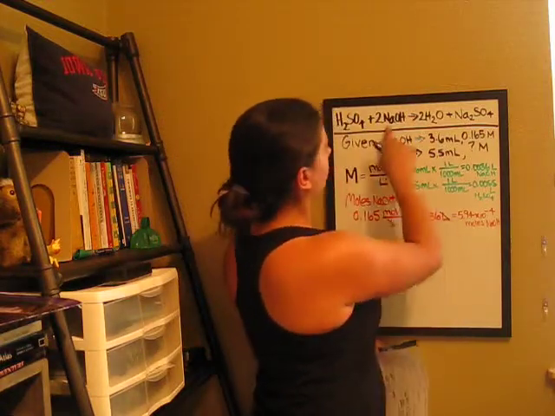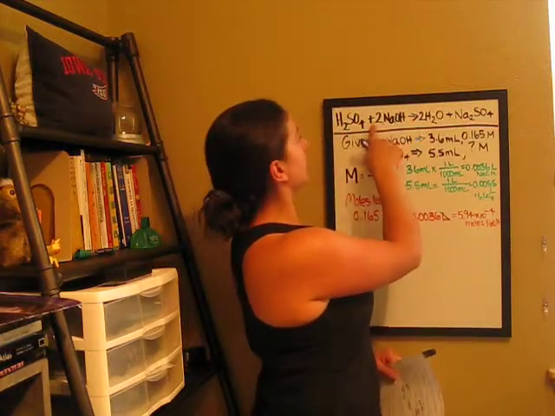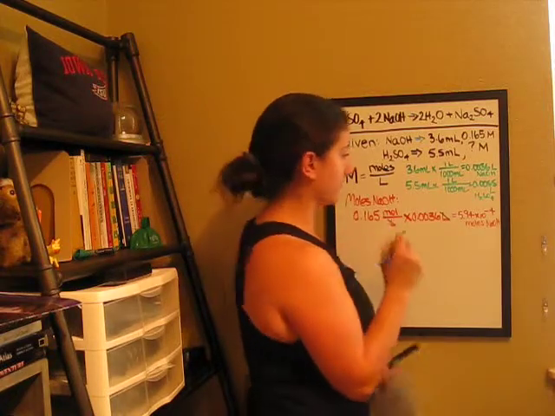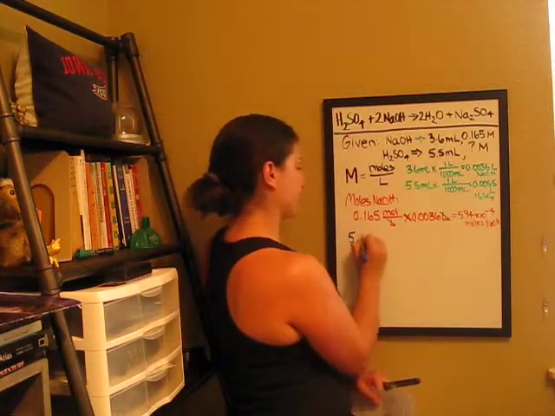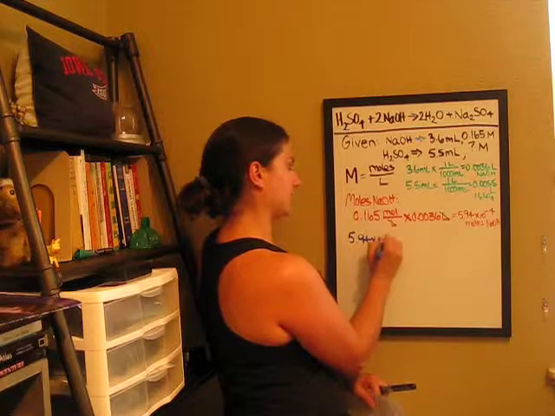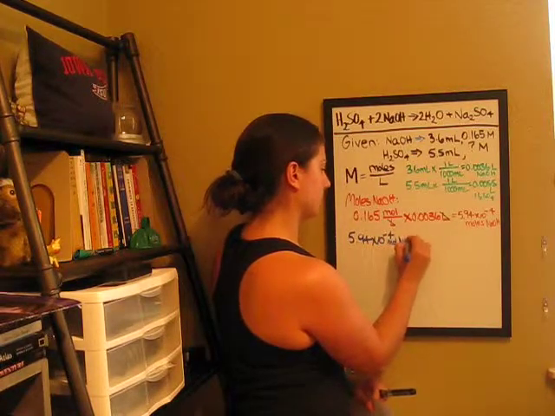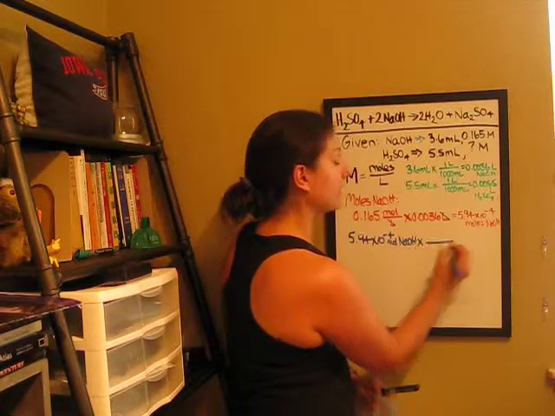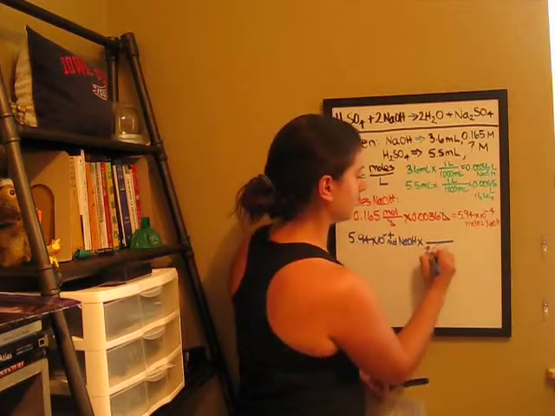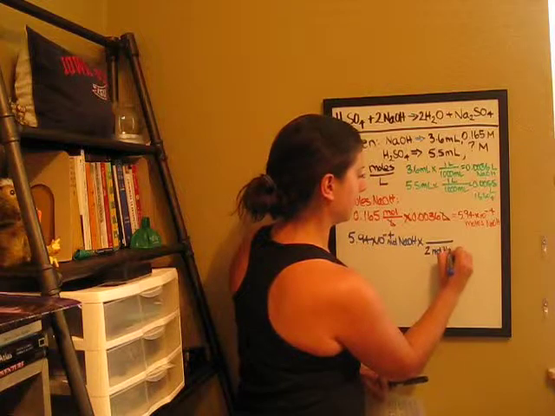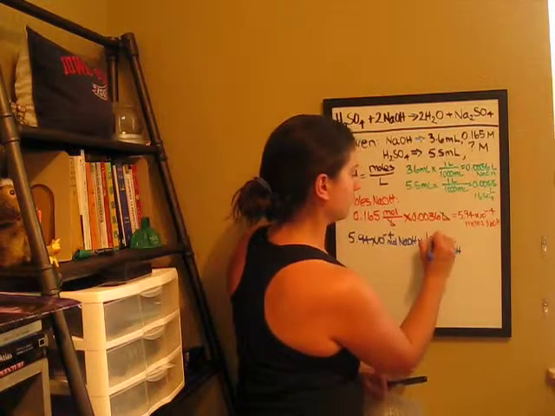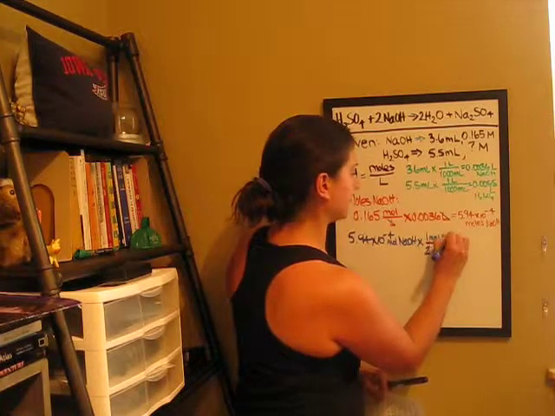There is a 2 in front of the NaOH and a 1 in front of the H2SO4. So we have 5.94 times 10 to the minus 4 moles of NaOH, and we multiply by the fraction: 2 moles of NaOH for every 1 mole of sulfuric acid.